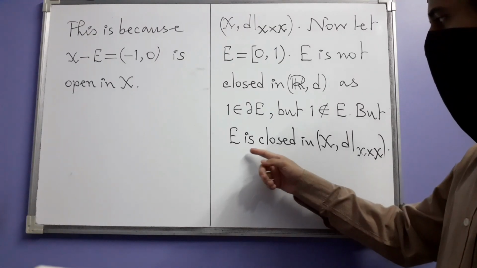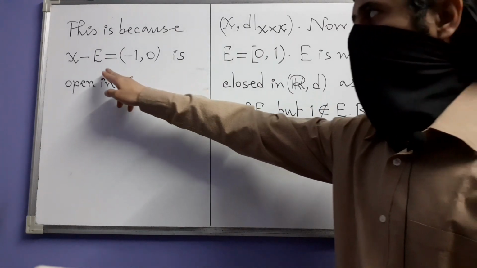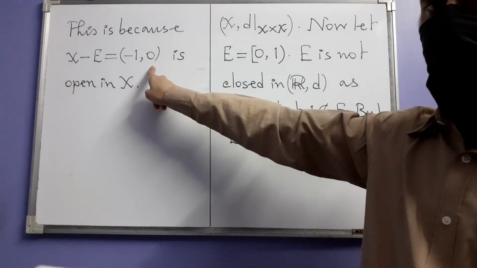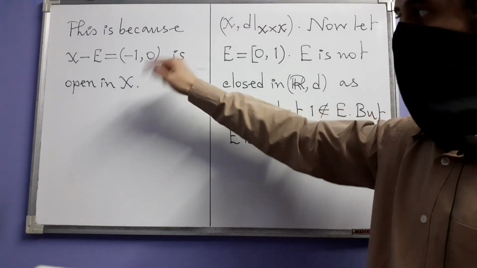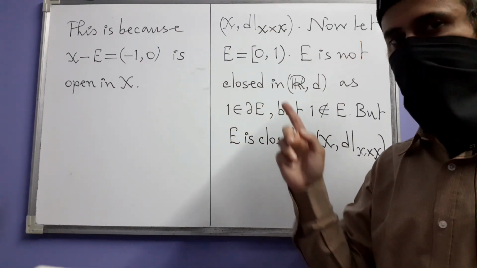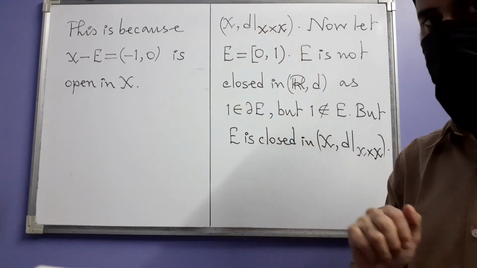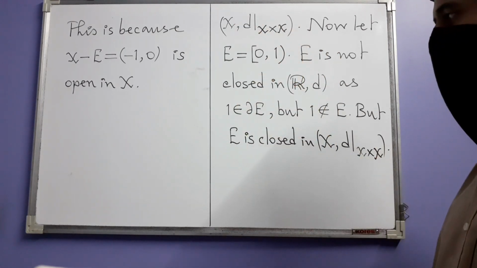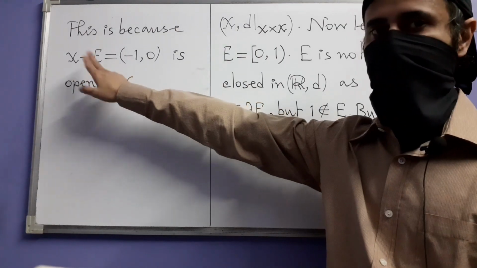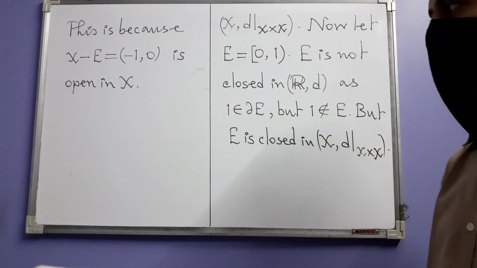The reason for E to be closed in this subspace is this, that the complement of E in X is this open interval (-1, 0), which is open in X. And here we are using one of the results, one part from that big result having many parts from the previous section: if the complement of a subset in a metric space is open, then the subset is closed.